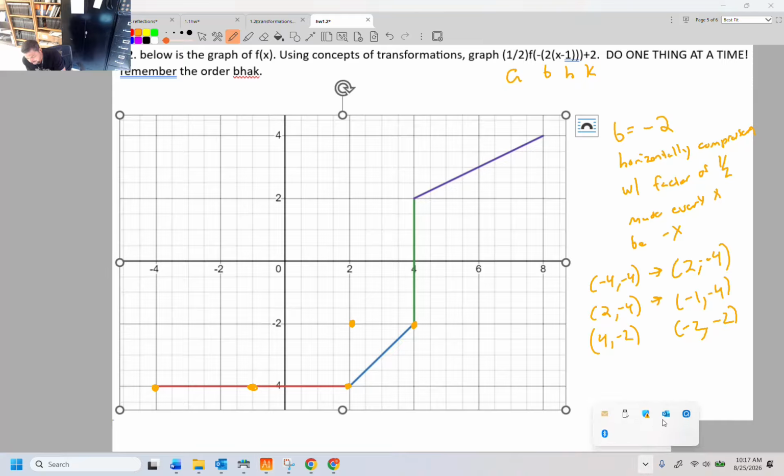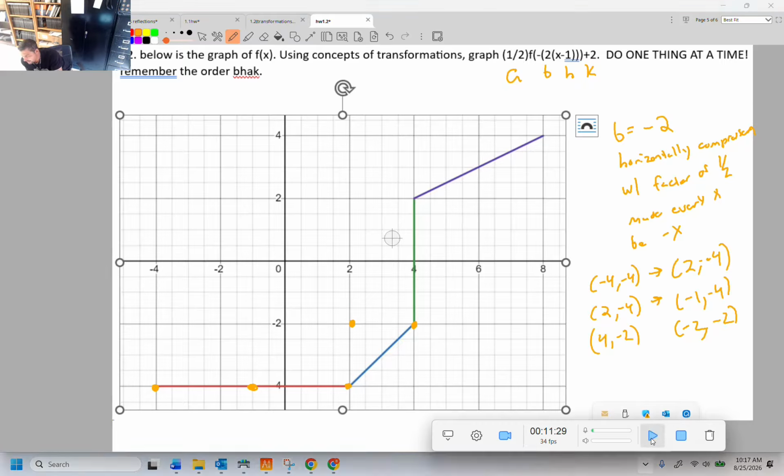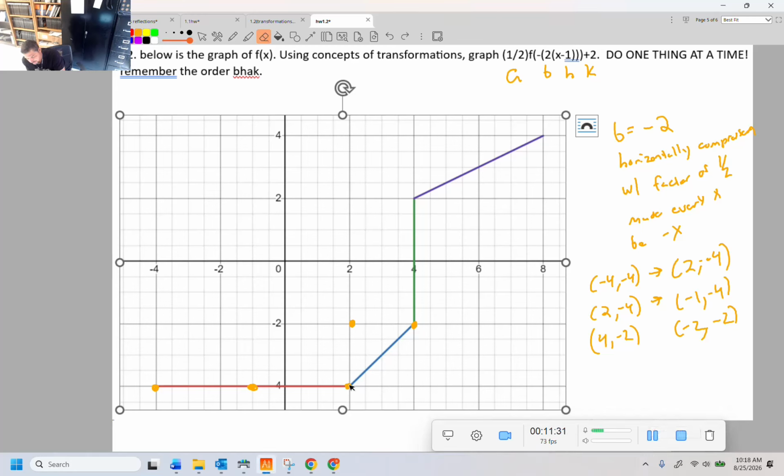Pause this real quick. I did not plot that point right there correctly. -1, -4 should be right here. Because I didn't see my slanty line, it threw me off. So I think about what I'm doing right here.